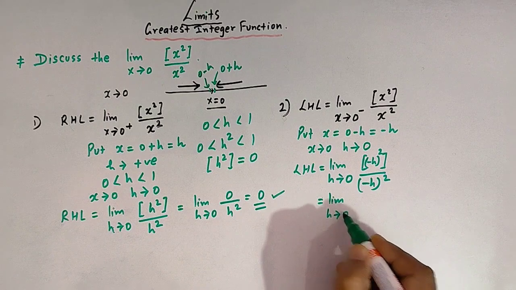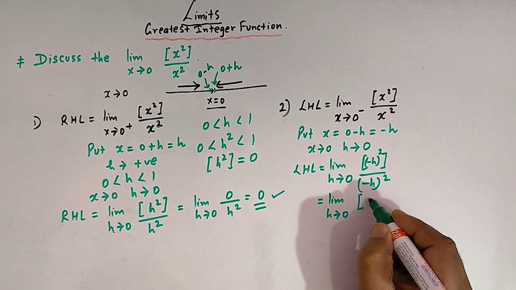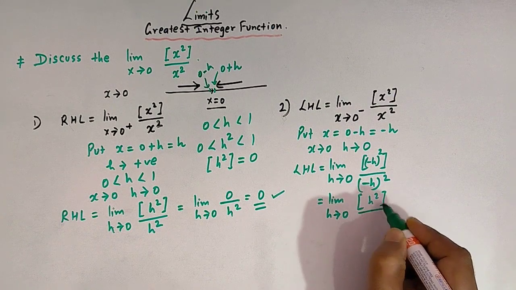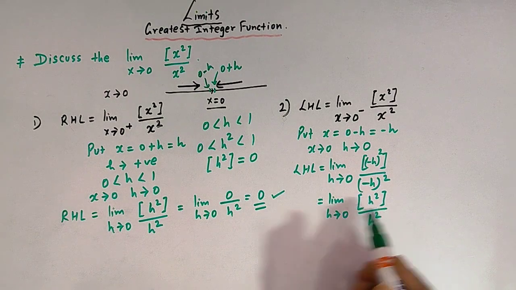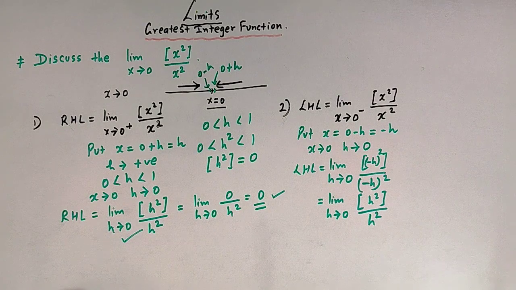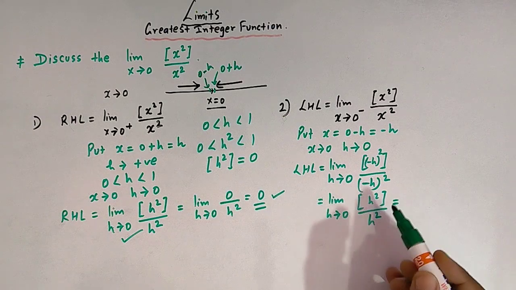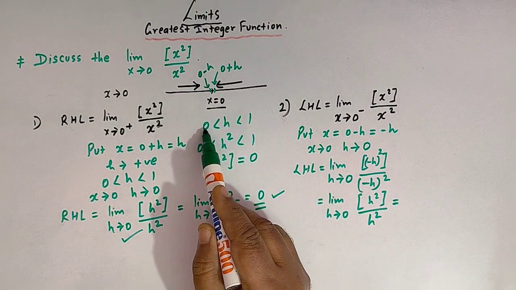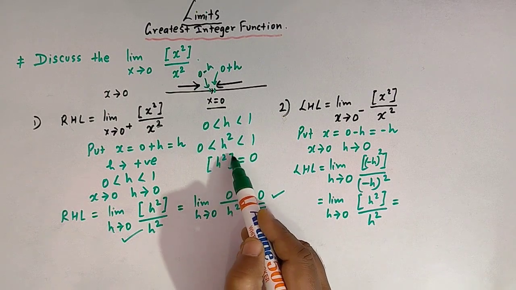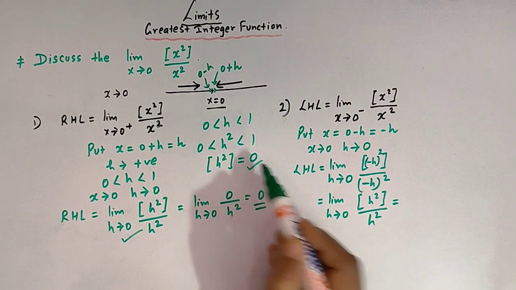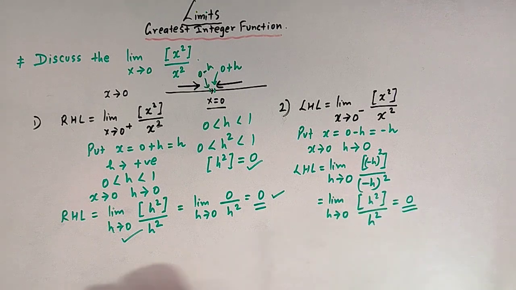Limit h tends to 0, and the square of minus h is positive h square, and here we have the positive h square too. We have arrived at the same limit. Again by the same explanation, h lies between 0 and 1, and h square also lies between 0 and 1, so the greatest integer of h square is 0. So this limit again reduces to 0, right?